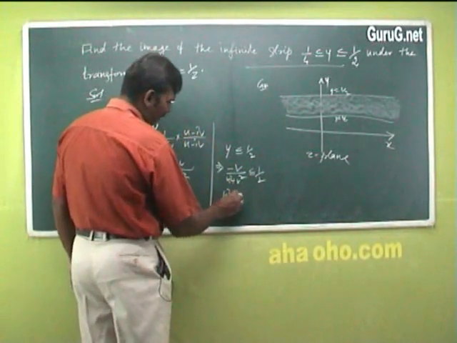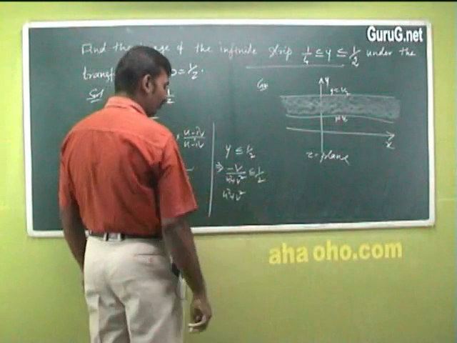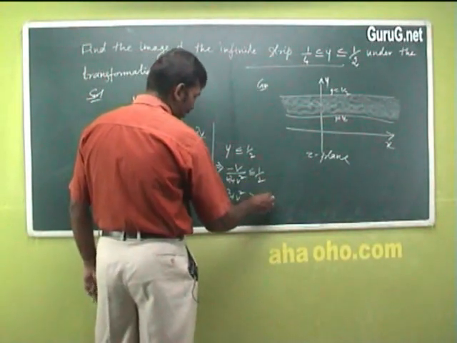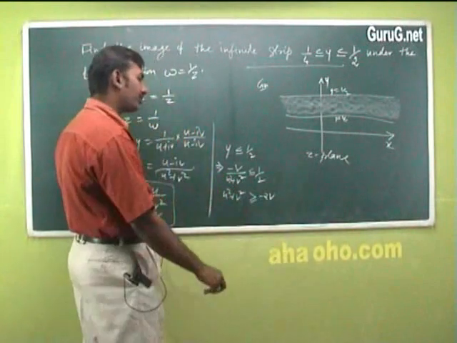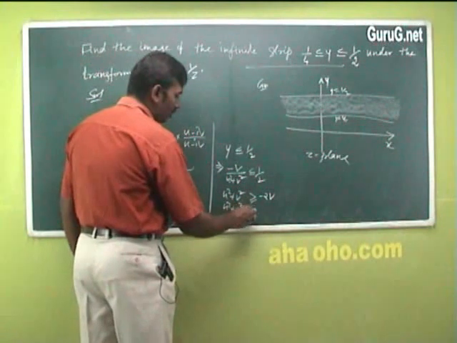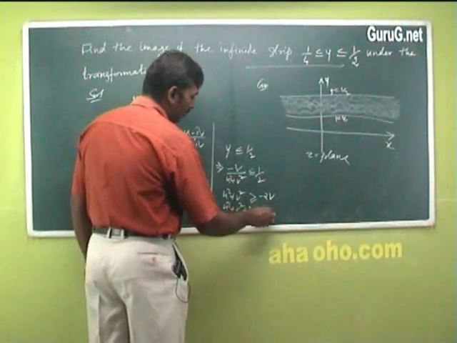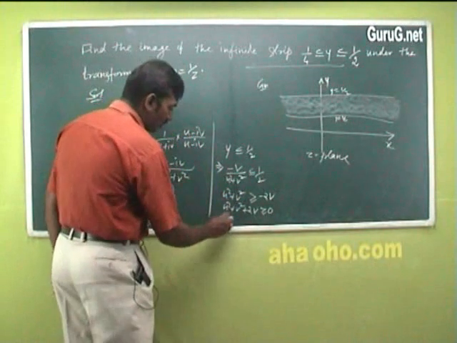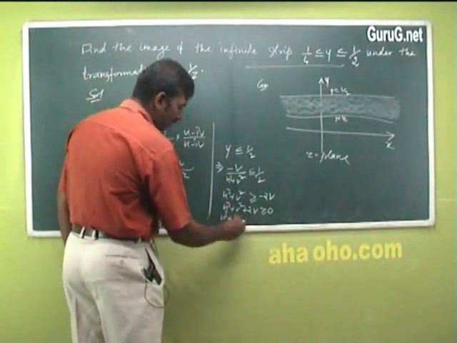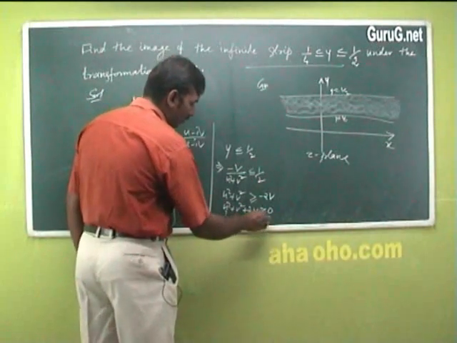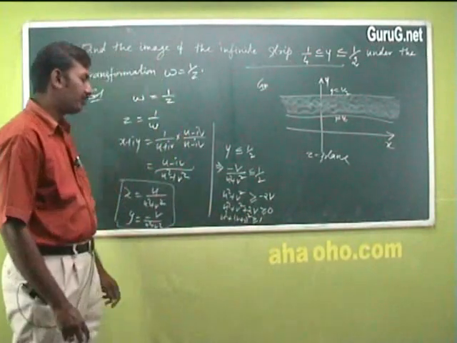So u square plus v square is greater than or equal to minus 2v, right? Then u square plus v square plus 2v is greater than or equal to 0. So then u square plus v plus 1 the whole square is greater than or equal to 1. Is it right?